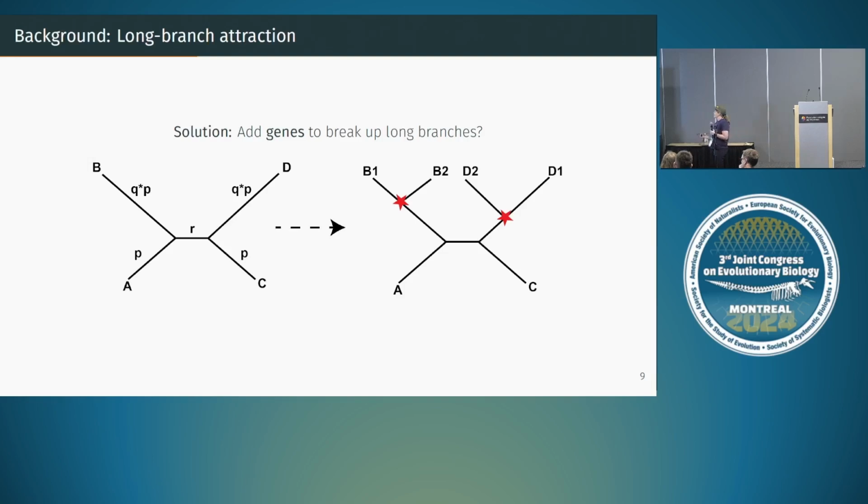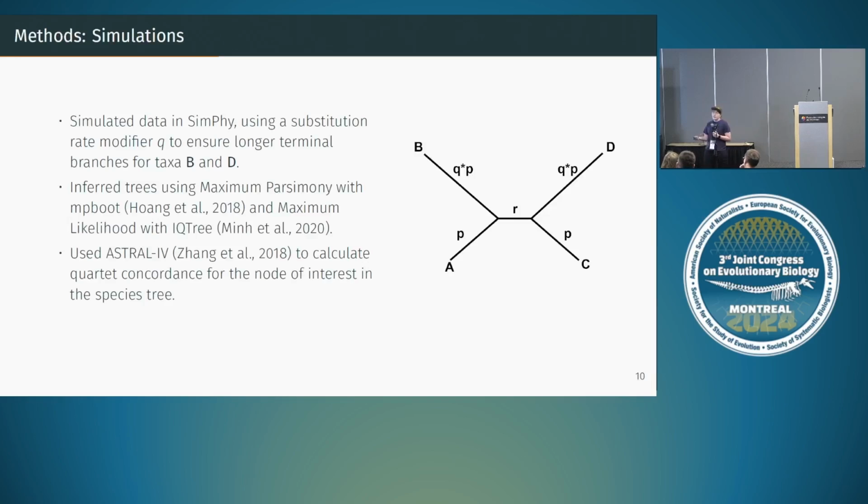So to evaluate whether this would help with long branch attraction, we did some simulations in SimPhy, and we used a substitution rate modifier Q to ensure longer branches in B and D. Importantly, this is only affecting the number of substitutions occurring on these branches. There are not more duplication and loss events occurring on these branches.